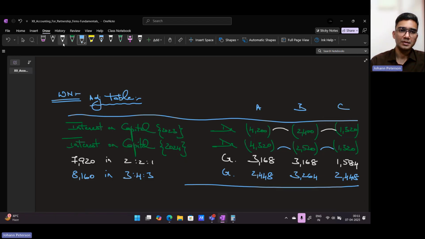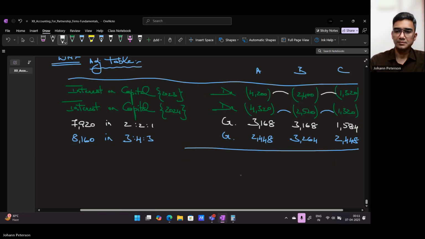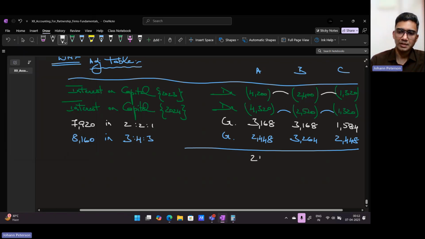So now let's see what is our net effect. 2448 plus 3168 minus 4320 minus 4200, which is minus 2904. This is a minus, so this will be debit.